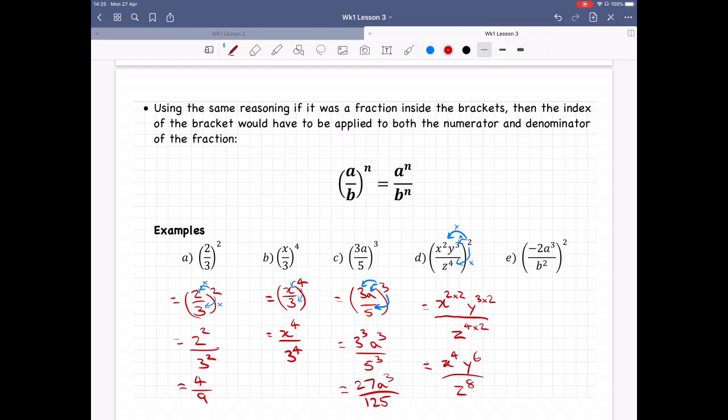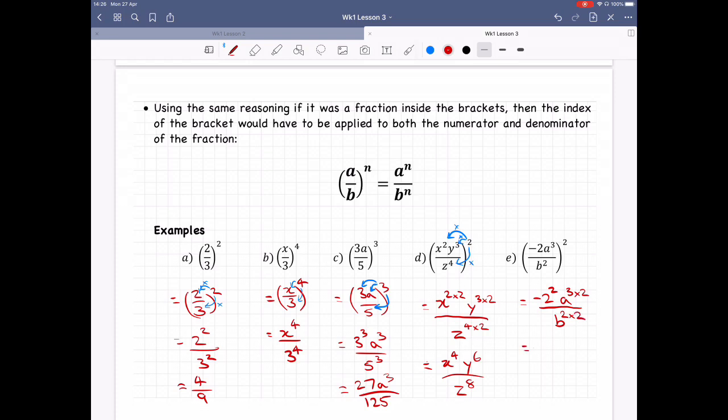And using our final part there where we have a coefficient, same rules apply. We're going to have minus 2 to the power of 2, a to the power of 3 times 2, all over b to the power of 2 times 2.